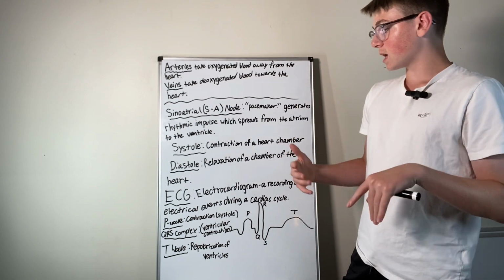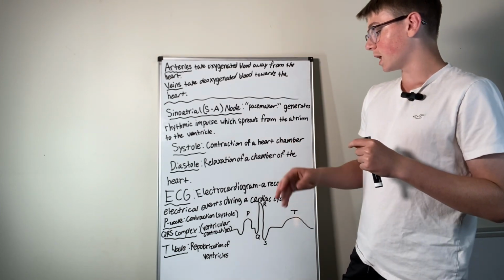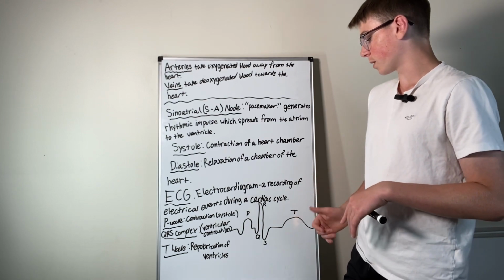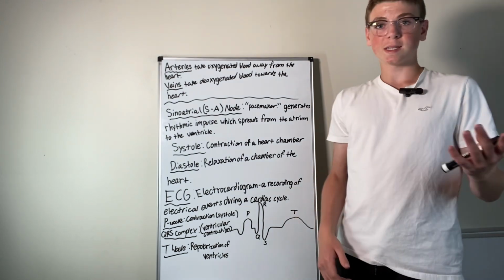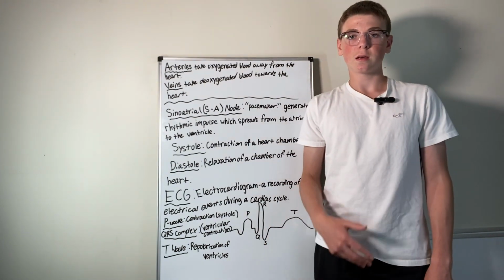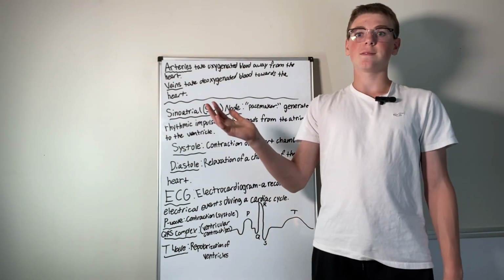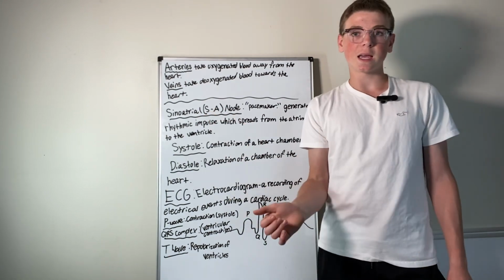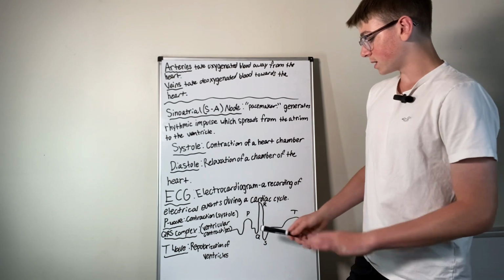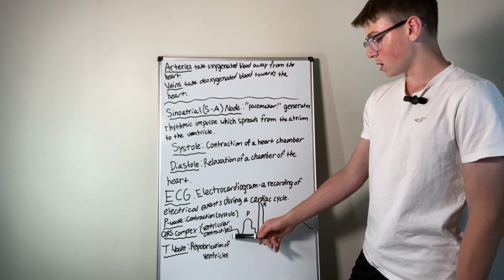Then an ECG, which is an electrocardiogram, is a recording of electrical events during a cardiac cycle. So that's basically saying, okay, this is what your heartbeat looks like electrical activity wise, starting with the SA node and then ending with full relaxation. So we have this thing called a P wave, where it just goes down and then up.